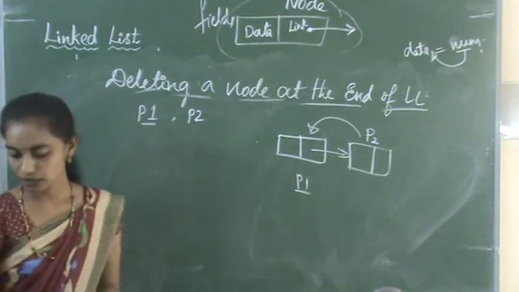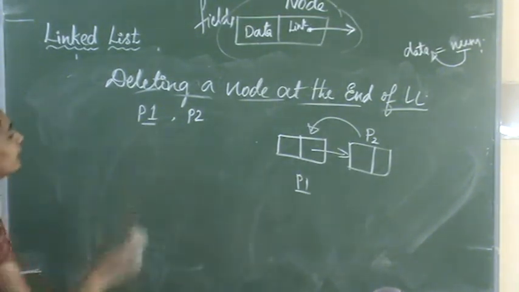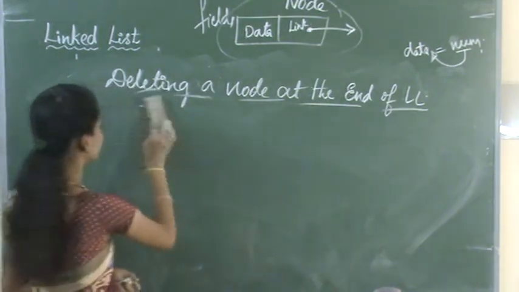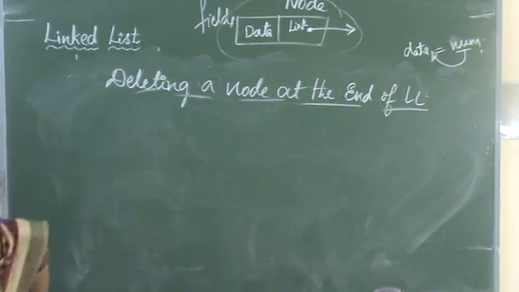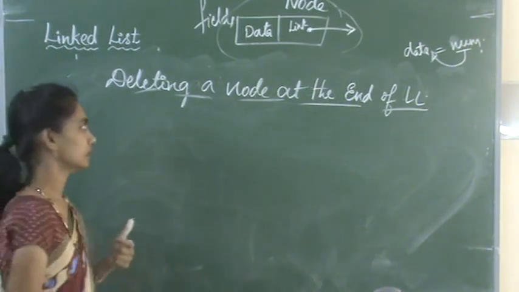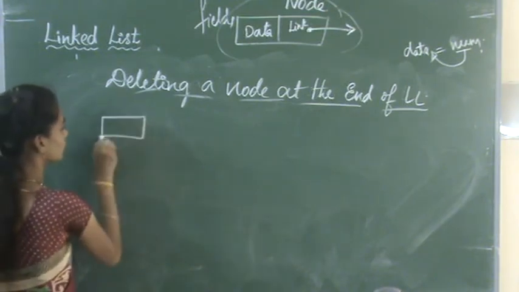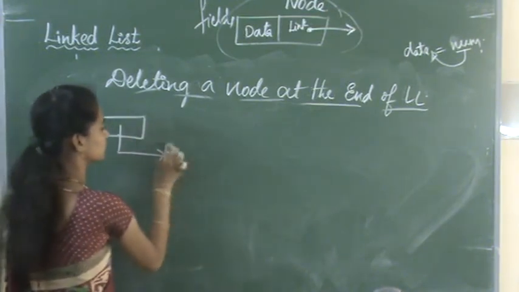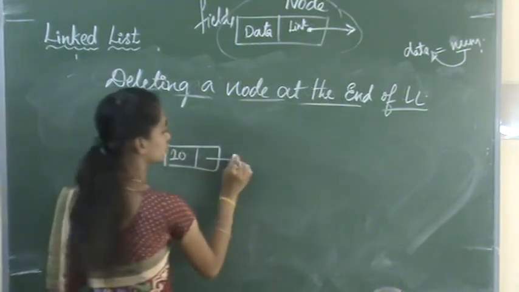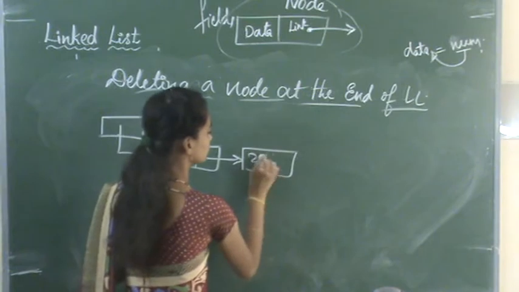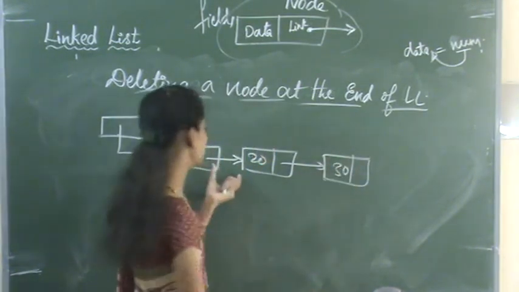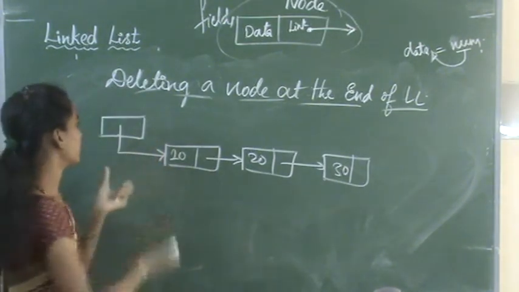These are the two variables we use in deleting a node. So we have to know what P1 and P2 are; these are the two pointer variables. How will we delete? Suppose this is an example, take it as this.